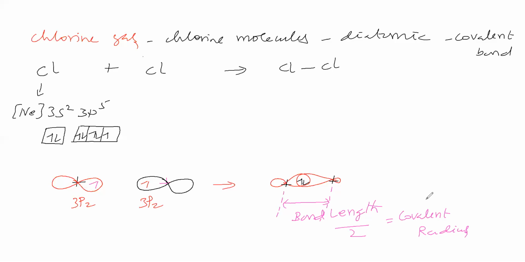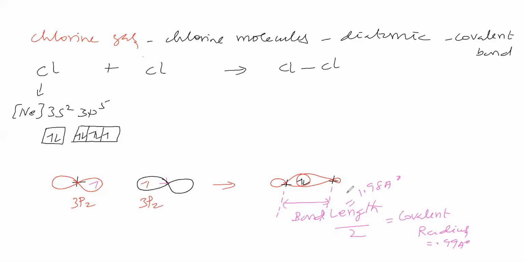For chlorine, the bond length is 1.98 angstrom, and the covalent radius is 0.99 angstrom. The covalent radius of chlorine is 0.99 angstrom, and the bond length is 1.98 angstrom.